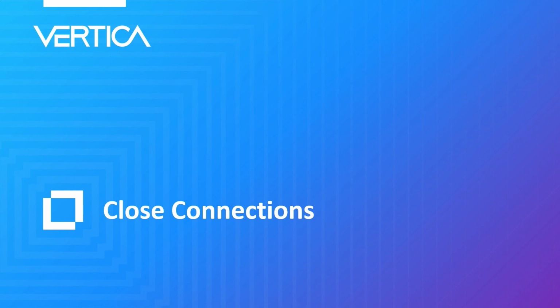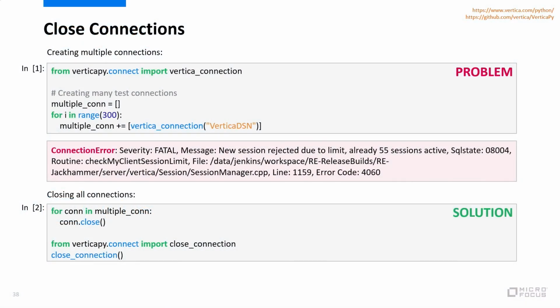One last advice, which is basic, is to close your connections, because when you use VerticaPy, you are creating a connection to the system. But just imagine that you have multiple notebooks where you create different connections and different sessions. So you will probably face this error message, that new sessions are rejected due to the limit.